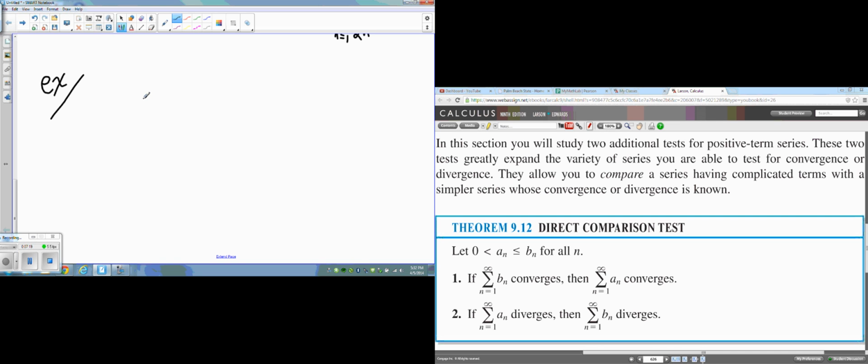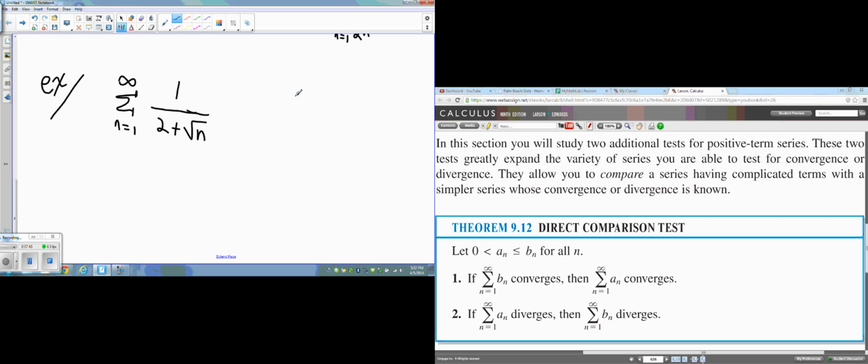Let's take a look at the sum from n equals 1 to infinity of 1 over 2 plus the square root of n. Let's try this one. All right, now let's try to find a series that this one compares to.